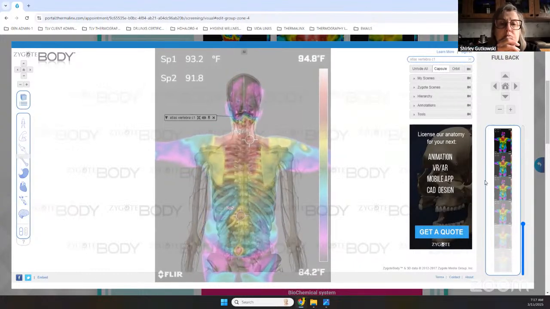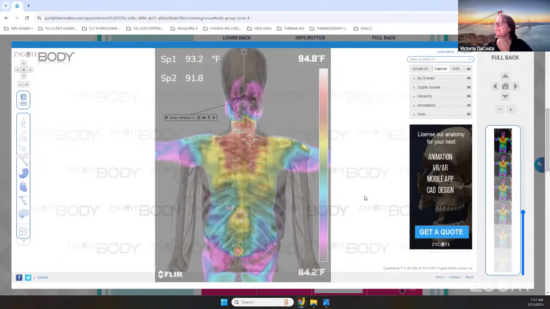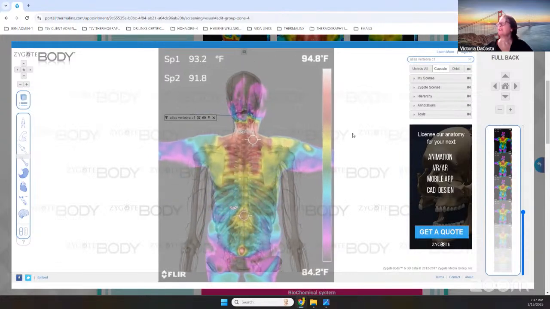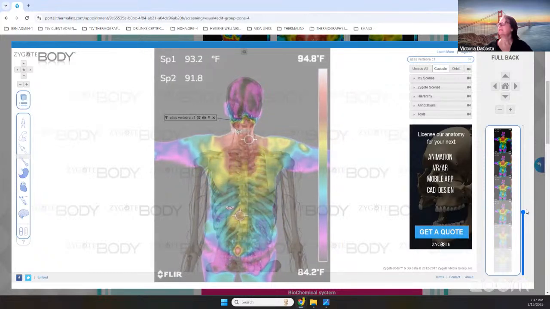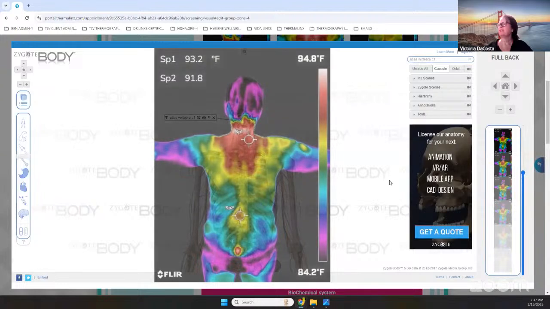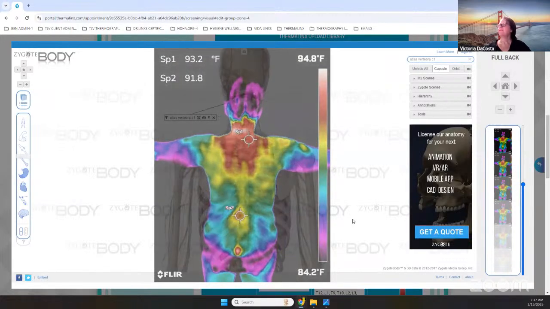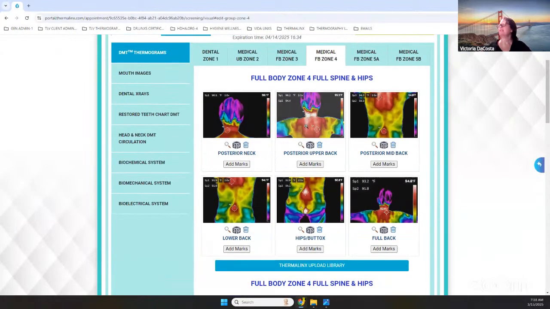So even if I just highlight the actual area here at the base of the skull, it is showing that her stress and her chewing is outlined from her vertebrae. What I'd like to do is use this system and get the neck here.